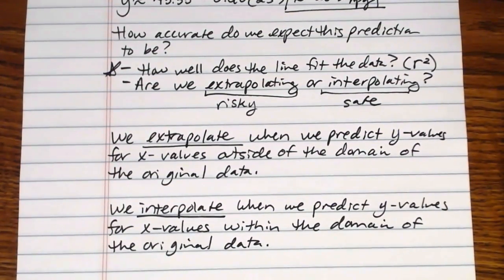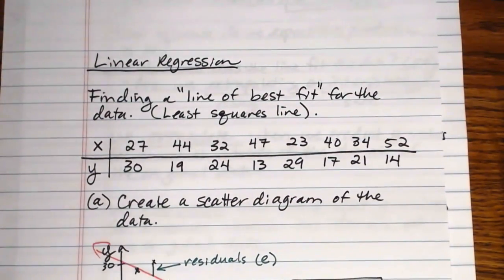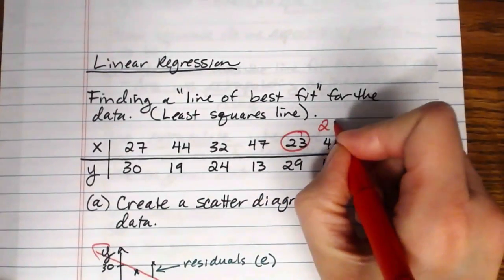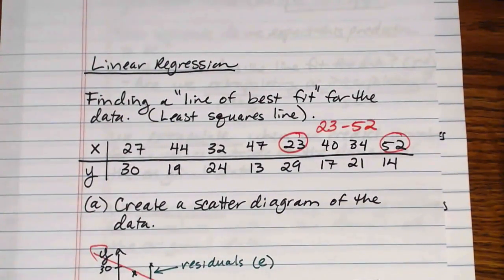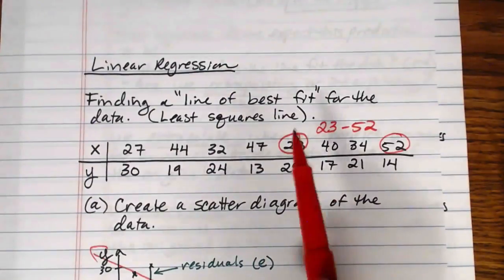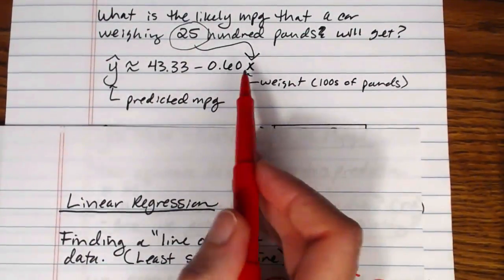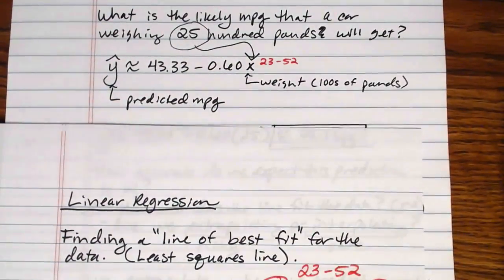So let's talk about the prediction that we just made. Were we extrapolating versus interpolating? If we go back to our original data set, way back here, that was looking at weight and miles per gallon, our lowest weight here was, what did we say? It was 23, and our highest weight was 52. So the domain of this data set is 23 to 52. Anytime we put a value into our least squares line for x that is between 23 and 52, we are interpolating.